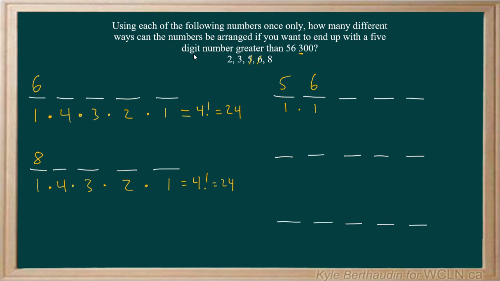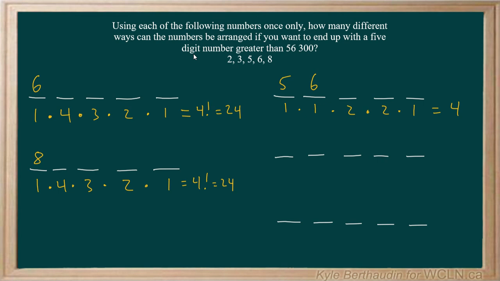The next digit must be at least 3 or higher, which means that we can choose the number 3 or the number 8 next, but not the number 2, since it wouldn't make our number large enough. Therefore, there are 2 choices for this third digit, either a 3 or an 8. Afterwards, it doesn't matter which numbers we choose, so it would be one of the 2 remaining numbers, and then the final digit. If we multiply these together, we get 2 times 2, or 4 different options.